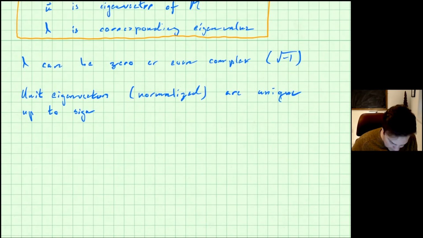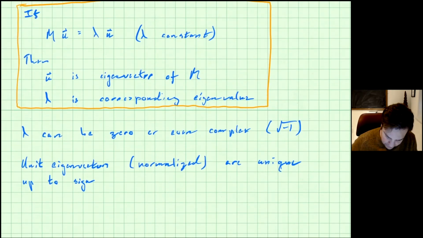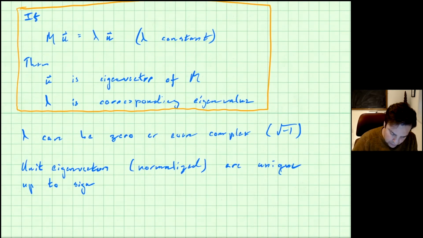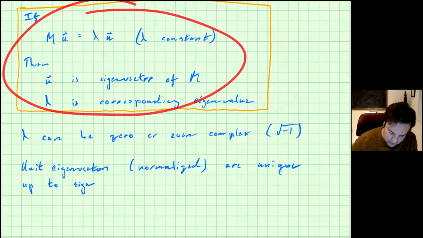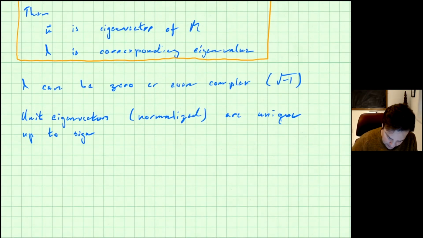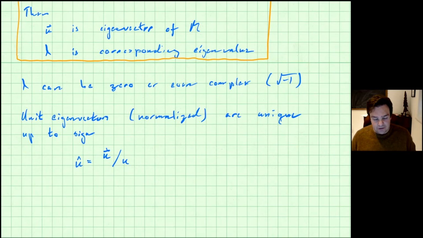Right? And what I mean by that is if you have a vector u that obeys this definition here, and then you make a unit vector version of it, then that vector u hat is unique up to a sign.